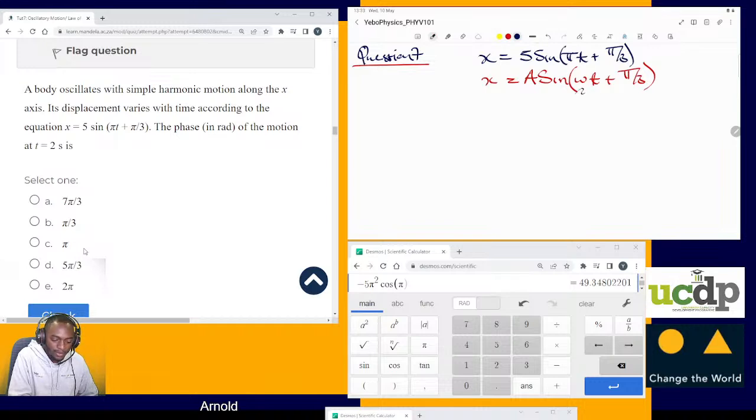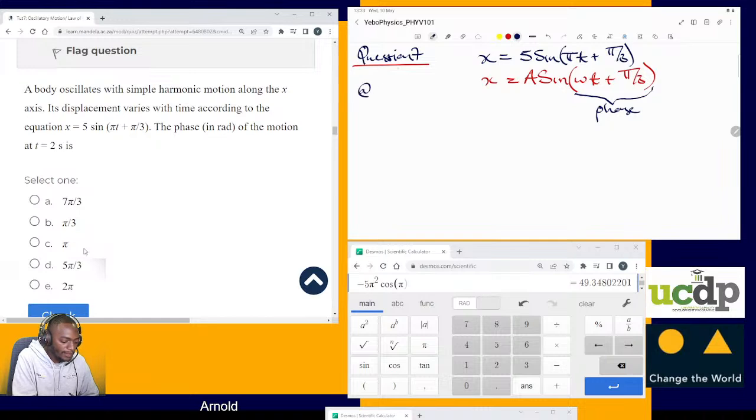And this is our phase that we're expected to calculate. And we're given that, what's the time?